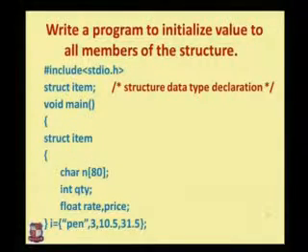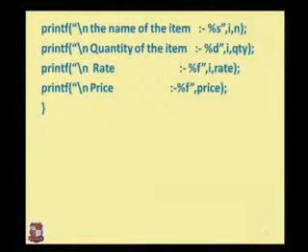The rate represents that there are 3 pens and we can represent the rate, which is of floating type. Then printf the name of the item, percentage s, i.n, then the quantity of the item, i.quantity, then the rate, i.rate, then the price.